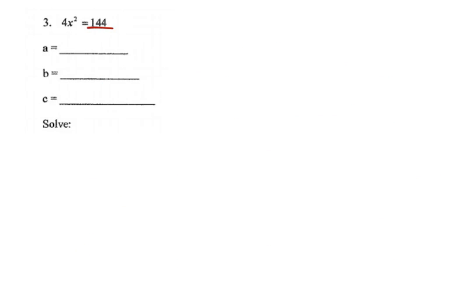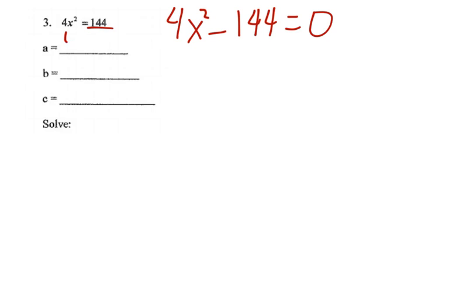Okay, we've got to move this 144, and we get 4x squared minus 144 equals 0. A is 4. B is the number in front of x. There is no x, so B is 0. C is negative 144.